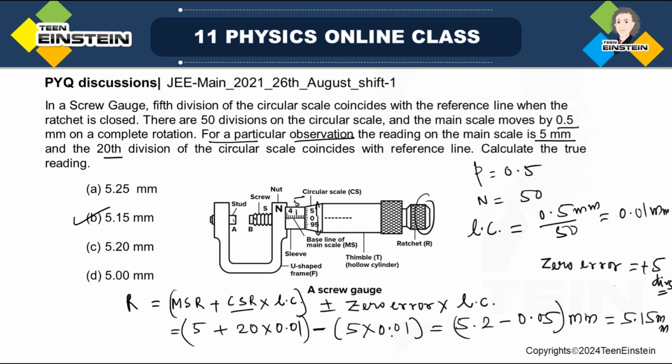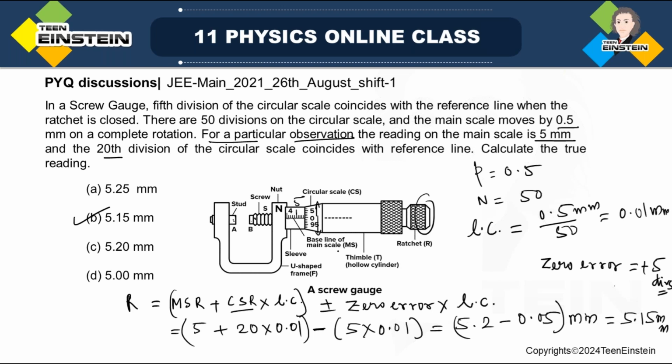From there you have to subtract the value of the zero error. If your zero error is negative, you would add it. So positive error has to be subtracted and negative error has to be added with the reading. So this is how you have to solve.